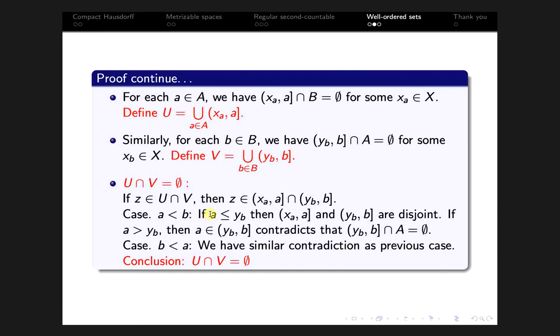So this cannot happen if some point z is in the intersection.